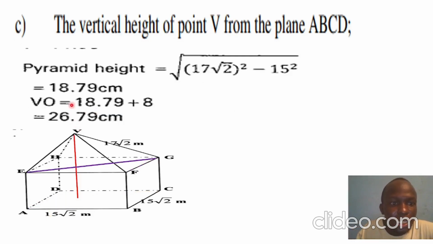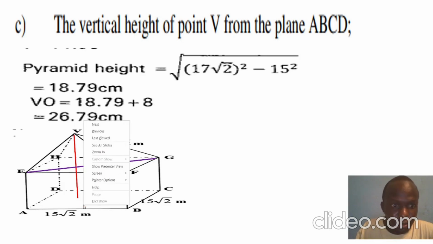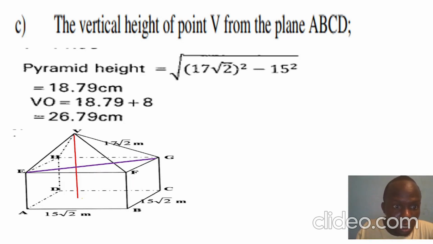On to part C of this particular problem: the vertical height of point V from the plane ABCD. Now let us look at the vertical height of this cuboid, the vertical height of the cuboid itself.